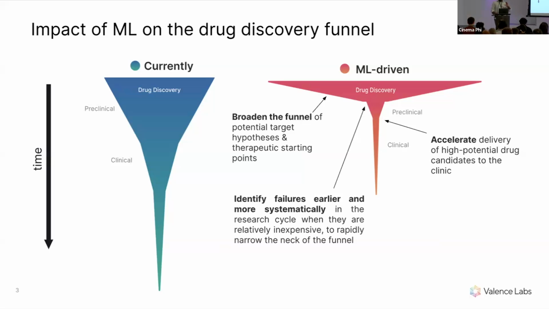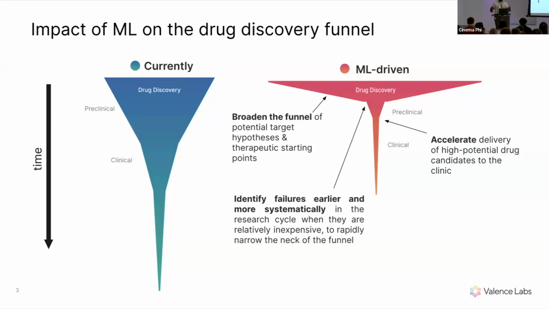Can we impact it in such a way that we can not only increase the number of hypotheses that we are making about biology, about the relationship between the structure of a compound and its biological effects, but also accelerate that process? Can we reduce it from several decades to bring a new drug on the market to just a few years, or potentially a few weeks?